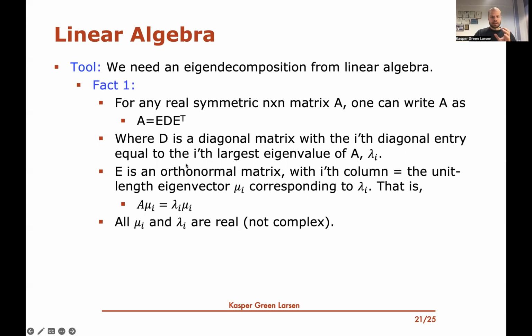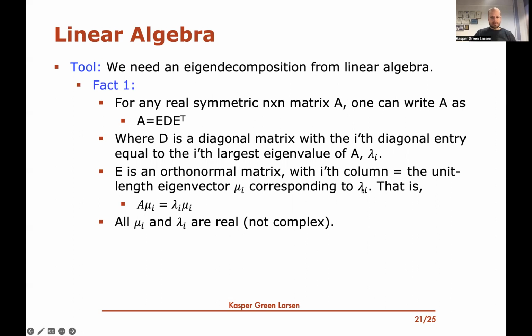And this matrix E is an orthonormal matrix, meaning that its columns and rows are unit length, and the columns are orthogonal, and so are the rows. And the ith column of E is just the unit length eigenvector mu i corresponding to the eigenvalue lambda i.